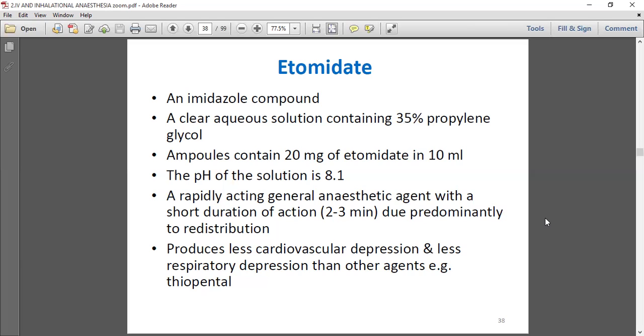Sodium thiopental, the duration of action would be 5 to 10 minutes. But this one has 2 to 3 minutes. And then ketamine had 30 minutes. And then propofol had, anyone?